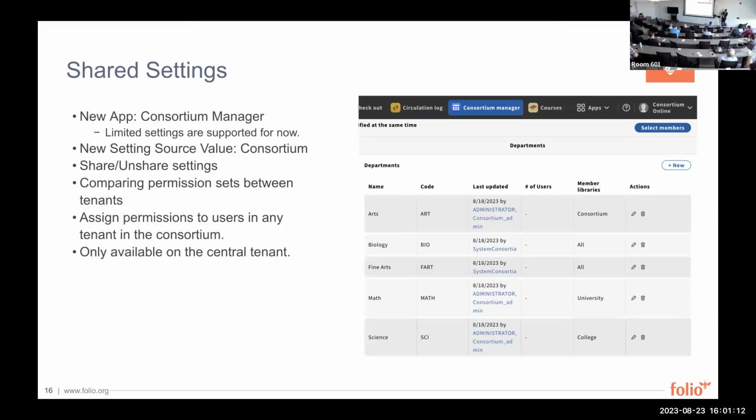Think of a shadow of a real user: you can assign different permissions without actually logging out, logging in, or even switching affiliation. So this is a special app that lives only in the central tenant and nowhere else, just due to how powerful it is.